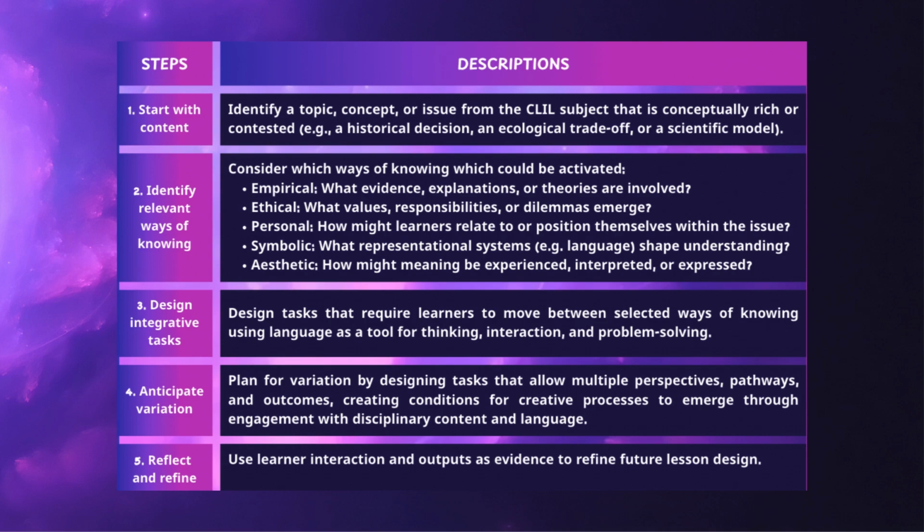Second, identify relevant ways of knowing. Consider which ways of knowing could be activated in relation to the content, such as empirical, ethical, personal, symbolic, or aesthetic. Not all ways of knowing need to be included, but purposeful selection helps create opportunities for deeper engagement.